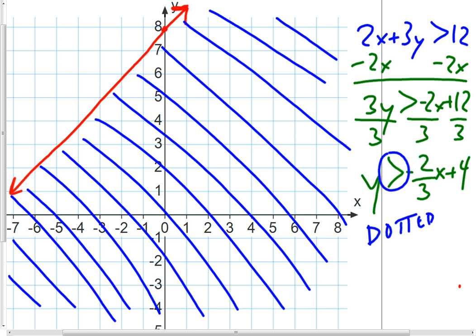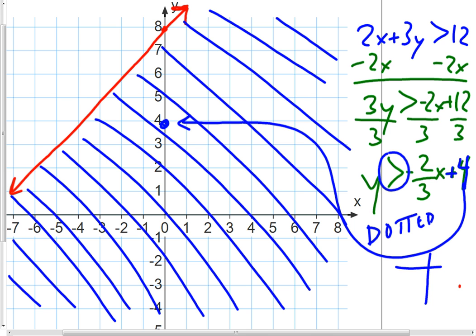It's downhill. What does this 4 tell me? Where should I look for that 4 in the drawing? It's the y-intercept. This is right there. I know this is downhill.